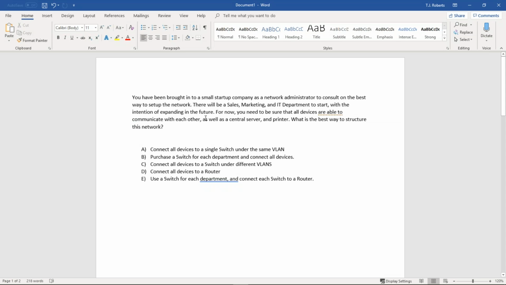So, we're predicting for growth, but for now, just need to be sure that all the devices that we have are able to communicate with each other, as well as a central server and a printer. Okay, so not a lot of devices, just a few, it looks like. So the question is, what is the best way to structure this network? Now, I want everyone here to take a shot at this, whether you know it or not.